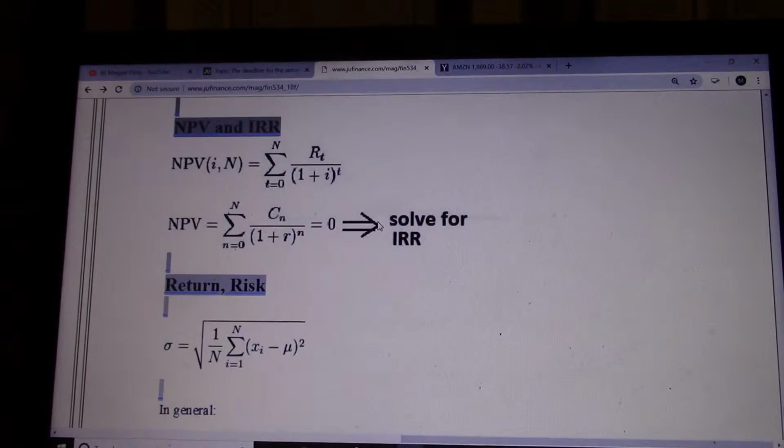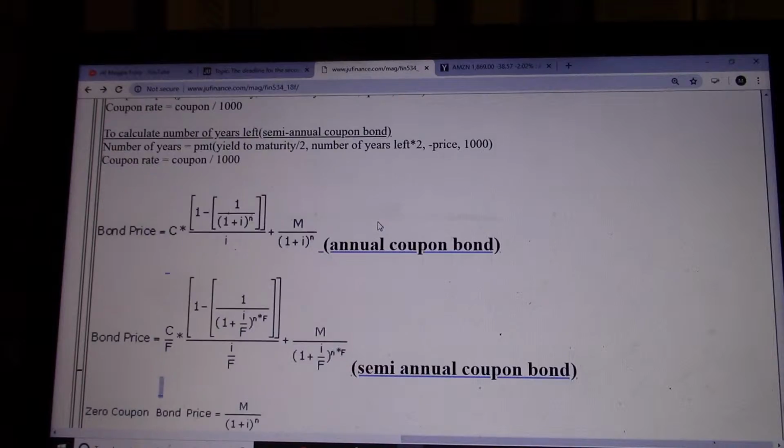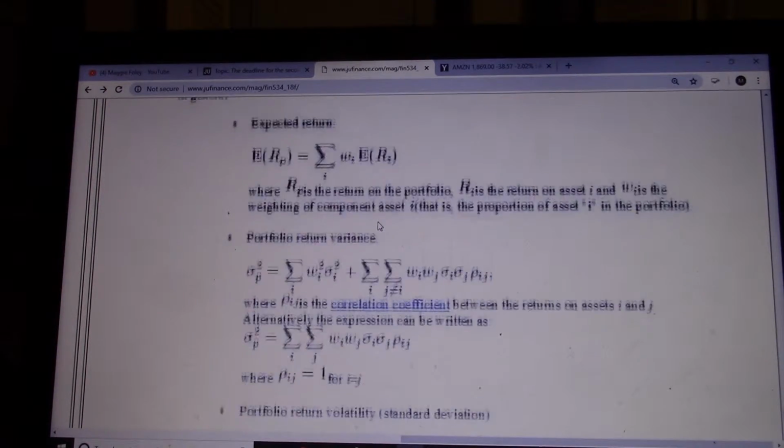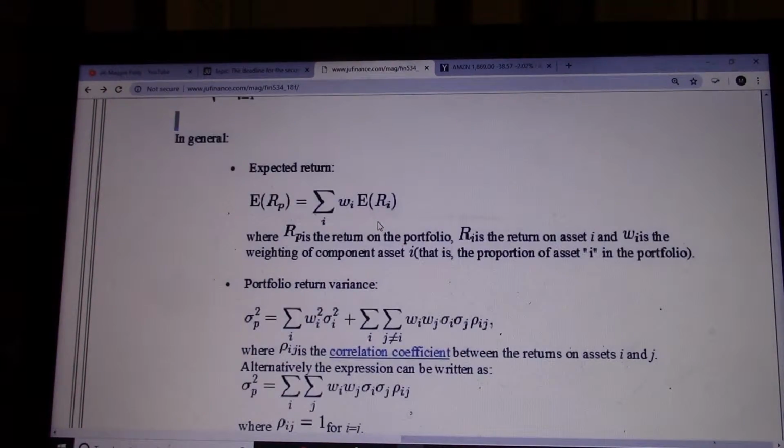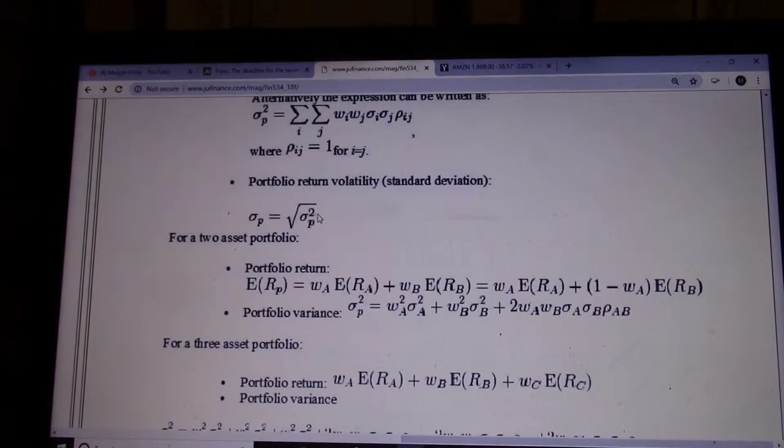Not portfolio. Yeah, it should be this one, but I didn't put the standard deviation here. Expected return, oh, this is still portfolio.